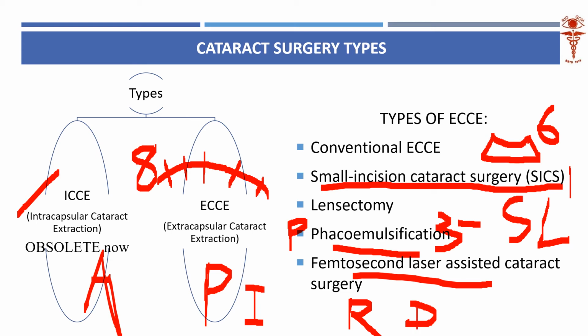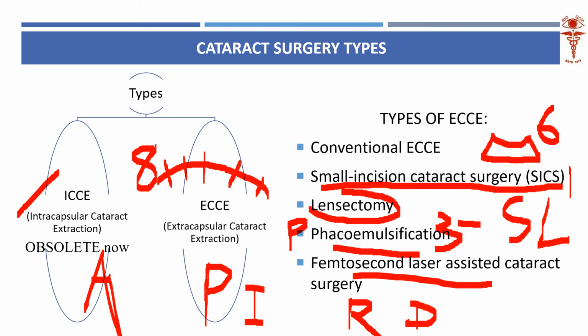Nucleofractis it is called. These two steps, the capsular rhexis and the nuclear fracture, can be nicely done by a femtosecond laser, and very pinpoint perfection can be reached by doing femtosecond laser assisted cataract surgery. Then you will ask me, what is this lensectomy?